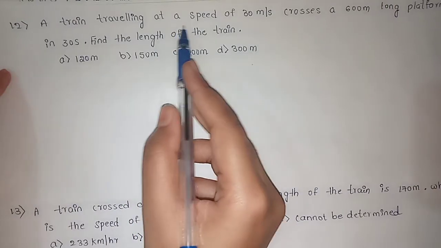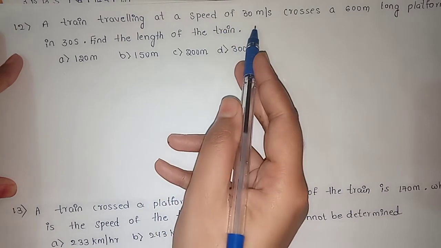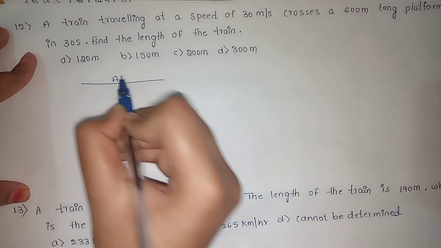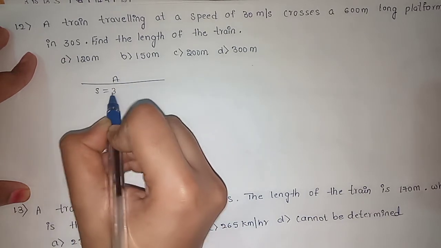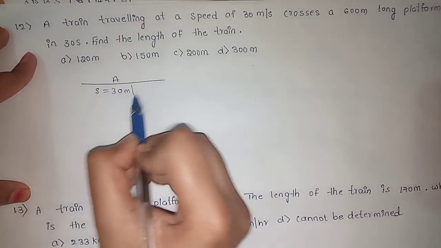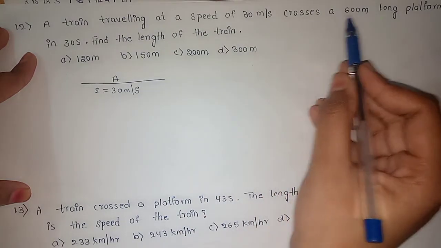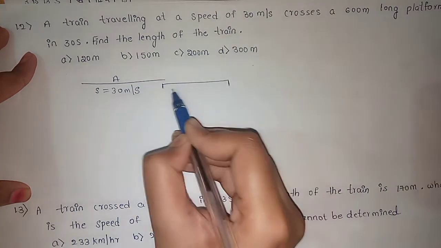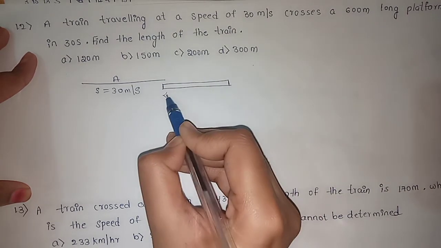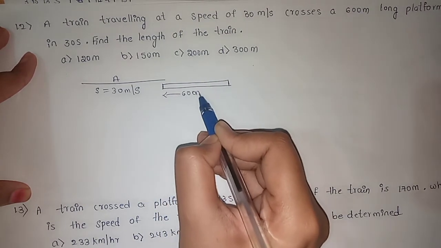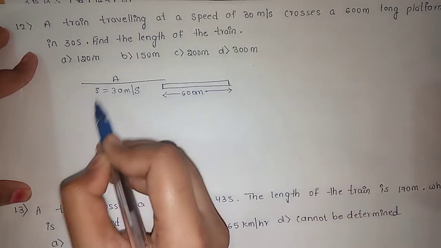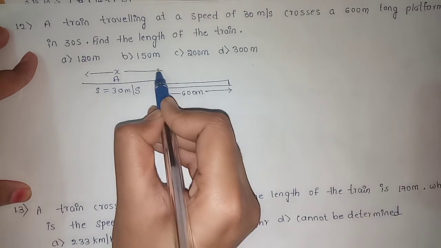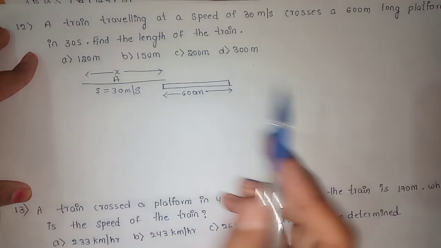Here a train is traveling at a speed of 30 meter per second and crosses a 600 meter long platform. The length of the platform is 600 meter. The length of the train is not given, so consider this as x. Find the length of the train.